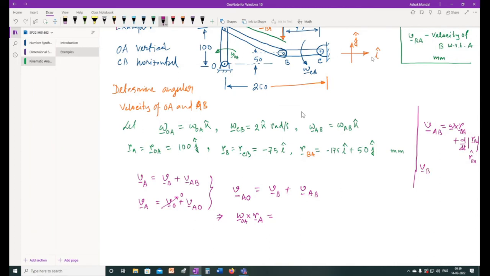As we have written for VA, VB can also be written in this form.